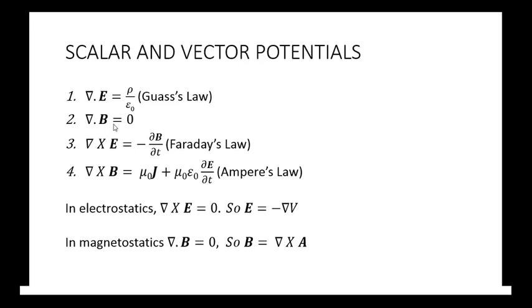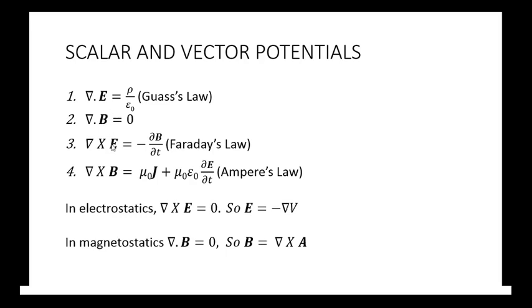So from the second Maxwell's equation, del dot B is equal to 0, we can write B as del cross A, where A is the magnetic vector potential. So A is related to B, or we can find B using A. In terms of magnetic vector potential A, we can write B as del cross A itself.